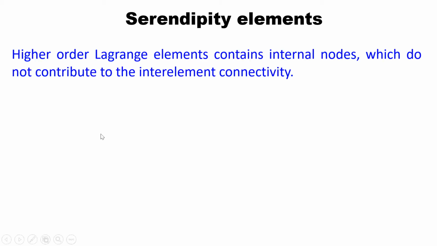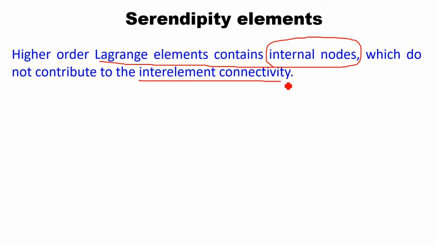So in finite element analysis, when you discretize the structure using higher order Lagrange's elements which contain the internal nodes, for example 9 noded rectangular element, these internal nodes do not contribute to the inter-element connectivity.